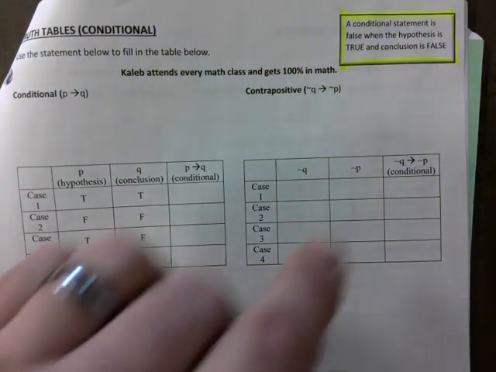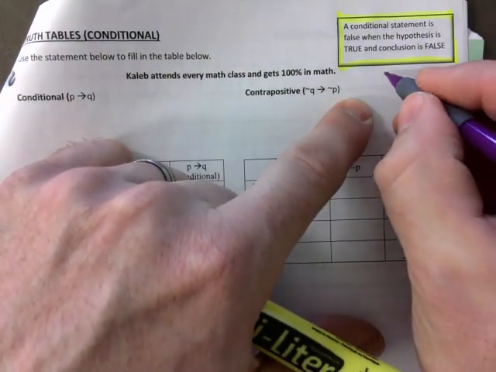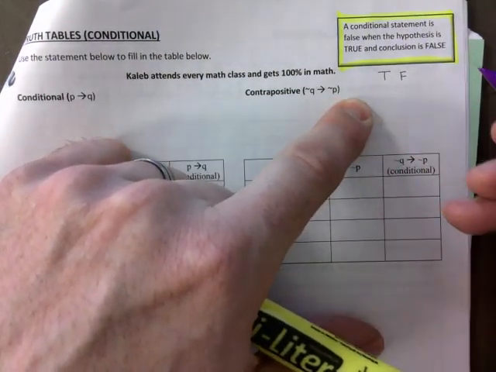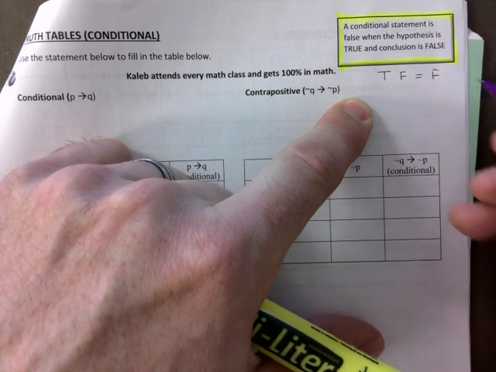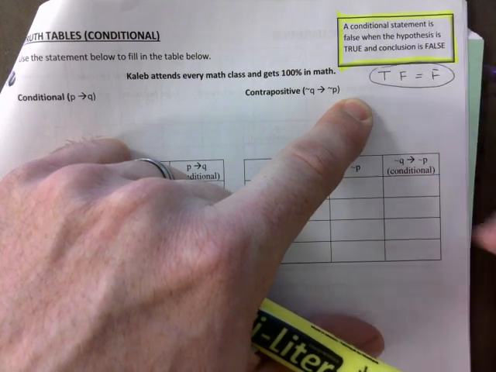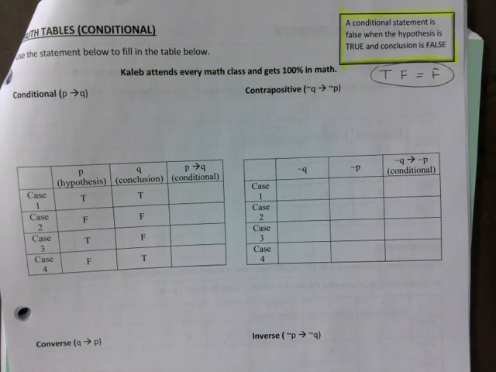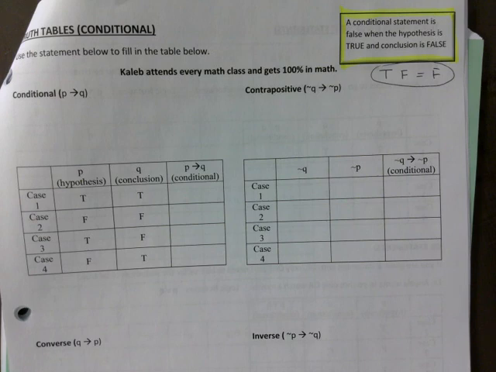And I basically will say this: true, false, is always false. Maybe that's going to help you. True, false, you've lied. As soon as you activate the if part, the next part better be true or else you've lied.